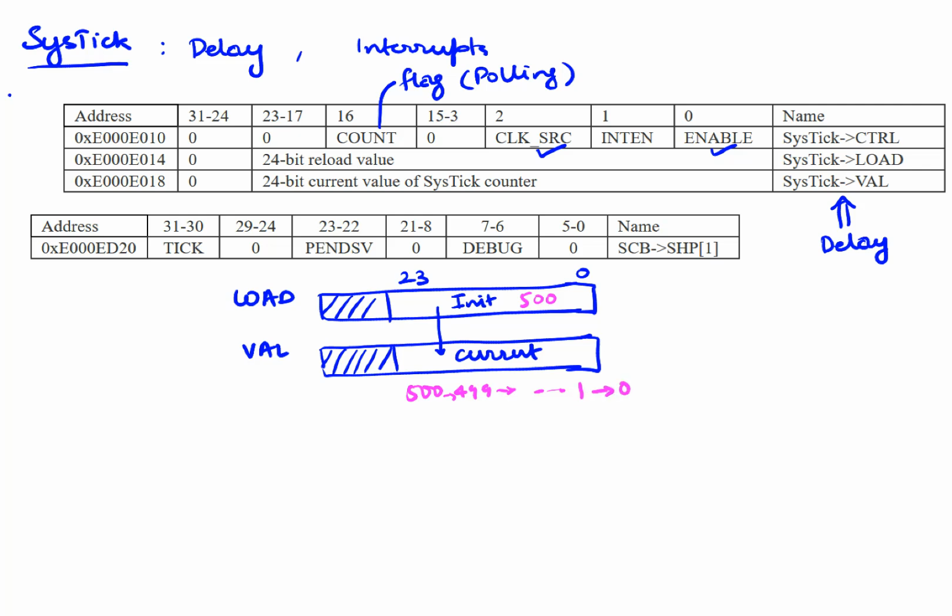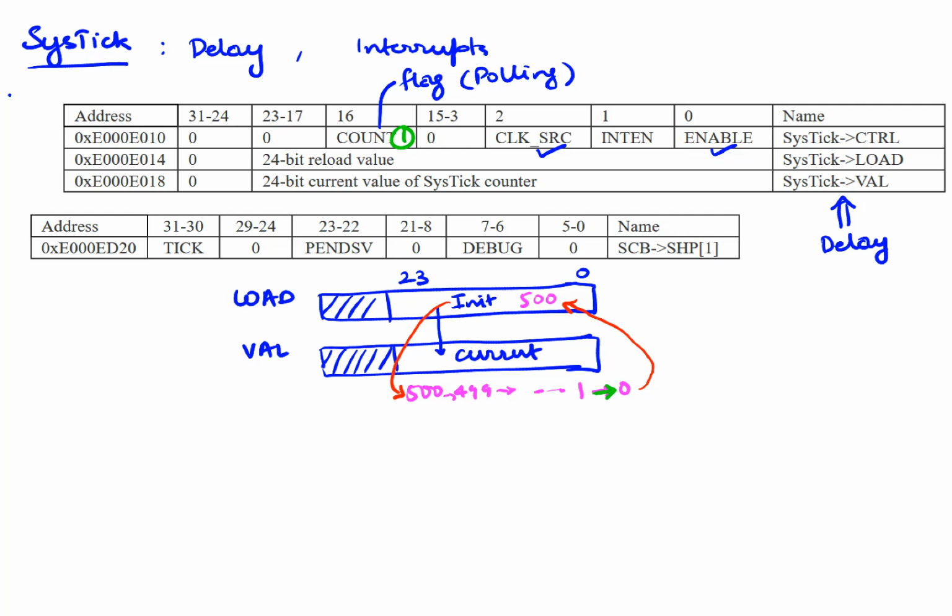This act of going from 1 to 0 is the point where we know our counter has hit 0, so we make this count flag equal to 1 at that point. And then what happens after 0, Ramesh? Immediately after the 0, the counter needs a new value, and it reads it from the load register and gets it back. Does the software make that happen, or is that a hardware thing? That is still a hardware thing. It is automatically done, so it just goes over and over and over.